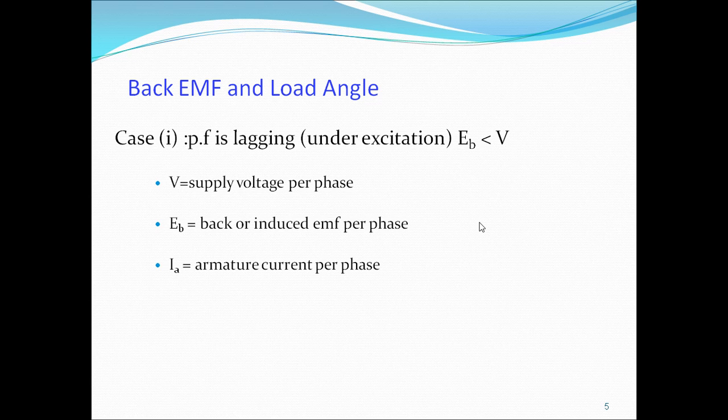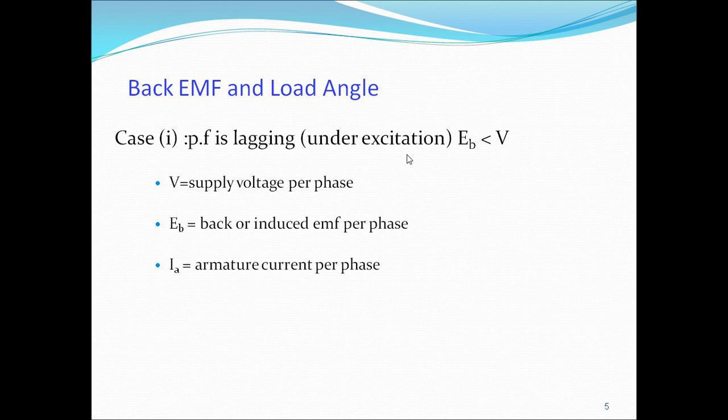Let us take case 1. When the excitation is below normal, that is called under excitation. When it is under excitation, back EMF EB is less than V and the power factor is lagging. So the excitation changes the power factor as well as the value of EB.